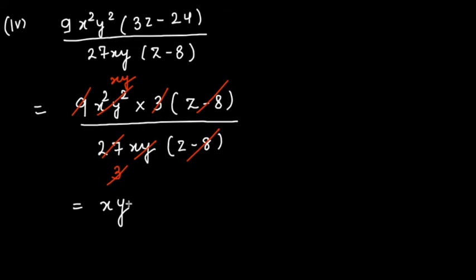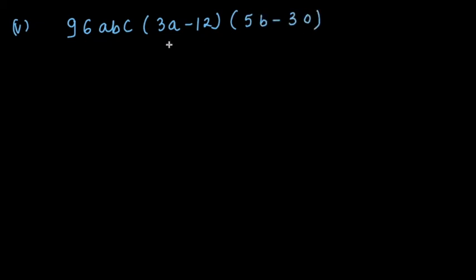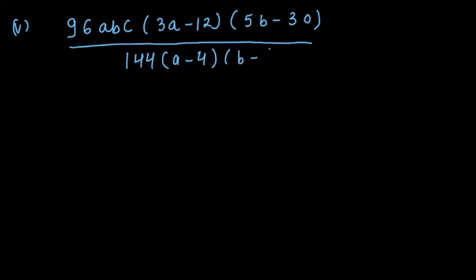Right? So now I'm moving to the last part of question number 3. Let's see. The last part is 96abc, then you have 3a minus 12, then another bracket which is 5b minus 30, and this you have to divide. In the denominator you have 144, a minus 4 and b minus 6.